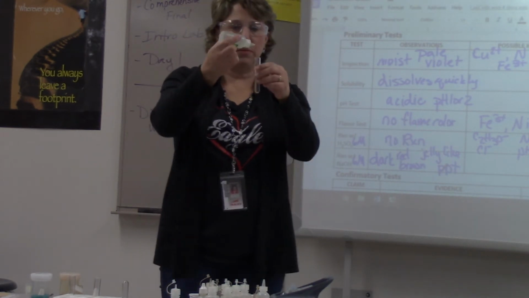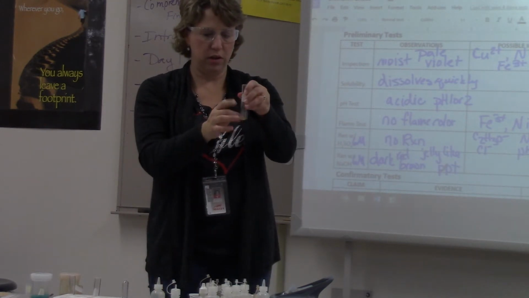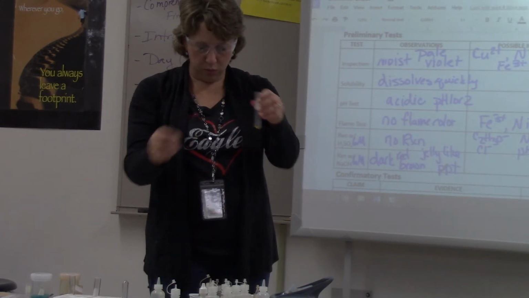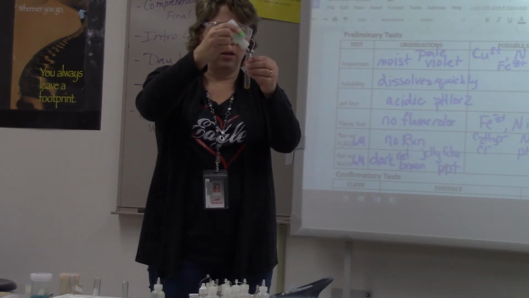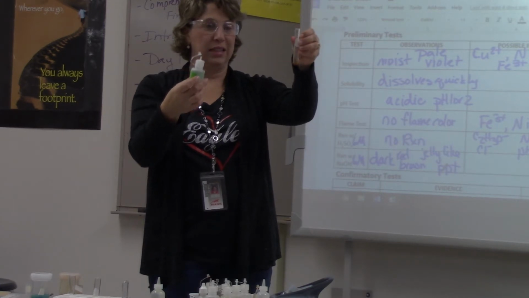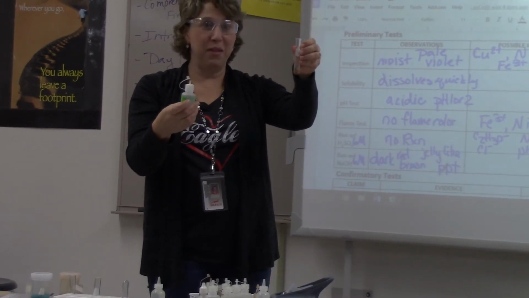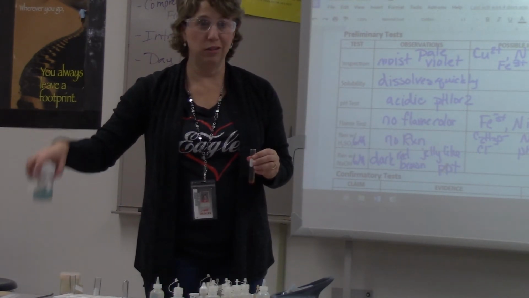Add 5 to 7 drops of water. 2, 3, 4, 5. That's what we added in our other one. And then we need to add a drop of sodium hydroxide. And notice, what do I get? It's the same thing, right? So at this point, do I probably even need to try nickel?